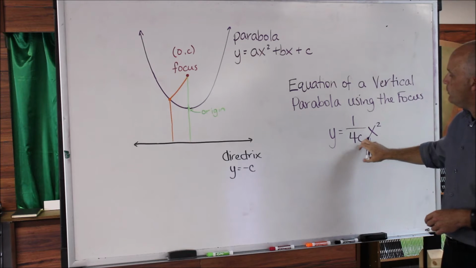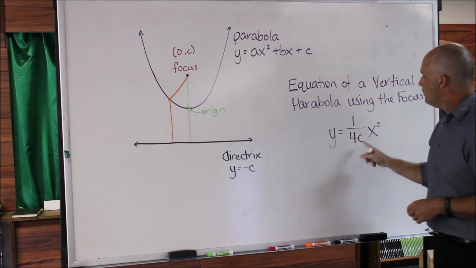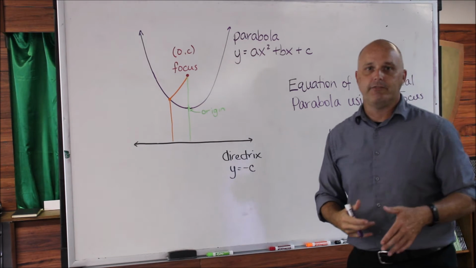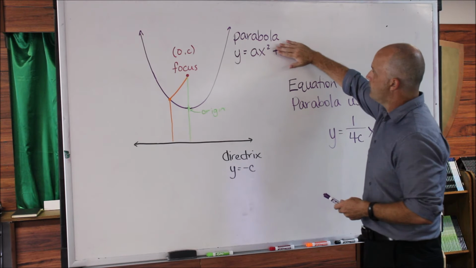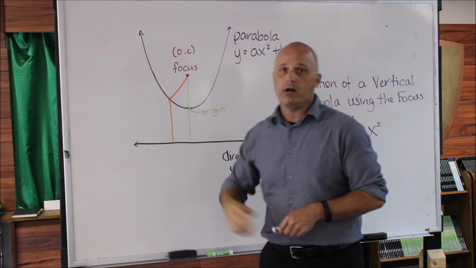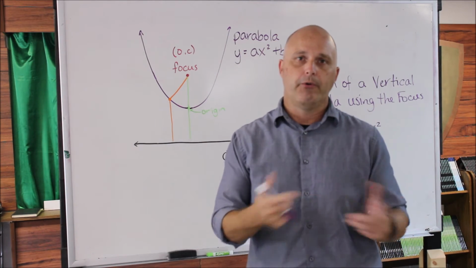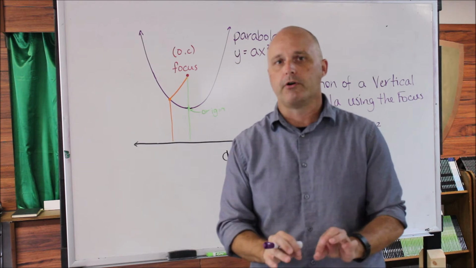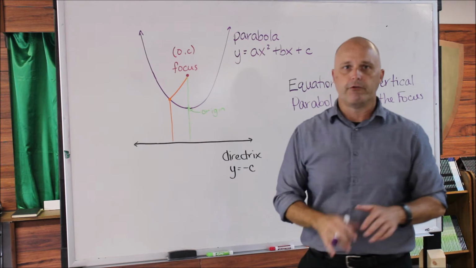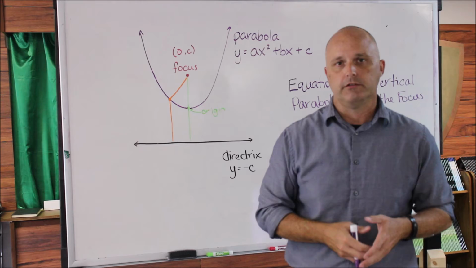We're going to use the c value of the focus and plug that into the denominator here, and that's going to give us basically y equals ax squared, and then we'd be able to draw a parabola that has either a compression or a stretch, but no horizontal or vertical movement. Because remember, we're always going to have our vertex at the origin. You're not going to have any other types of problems in this particular lesson.